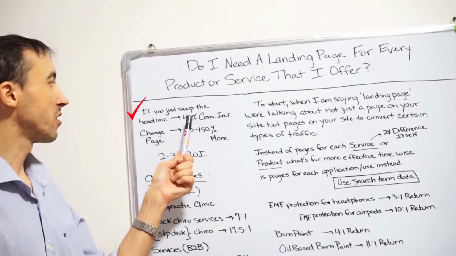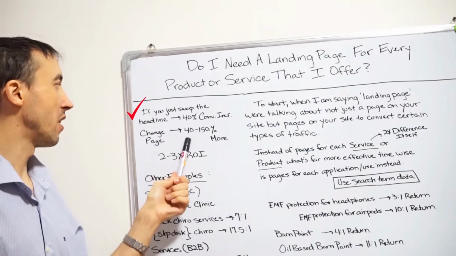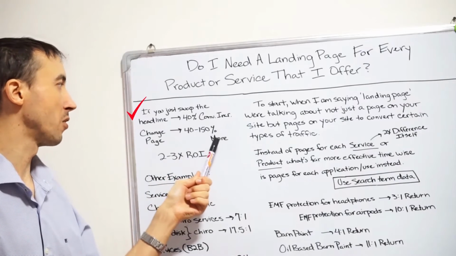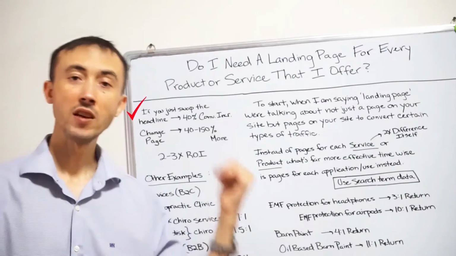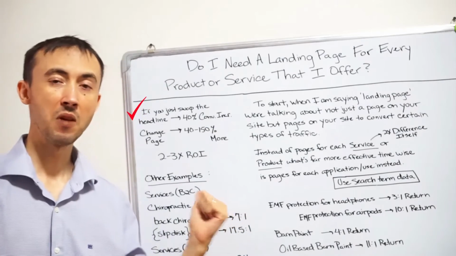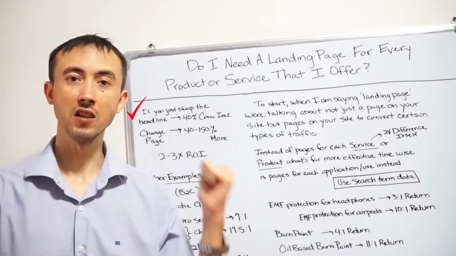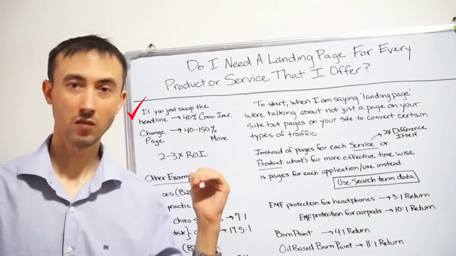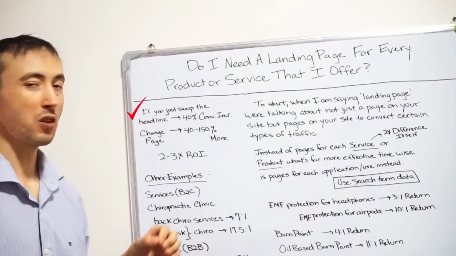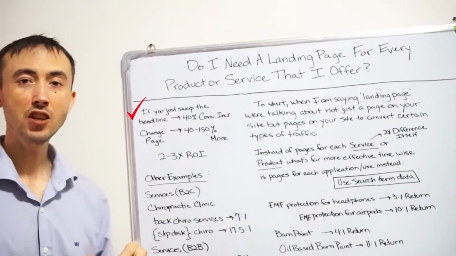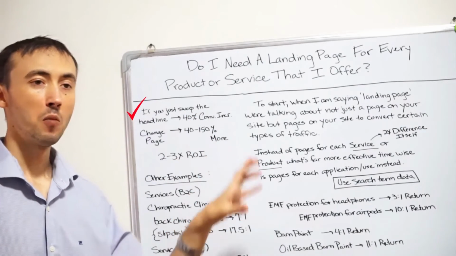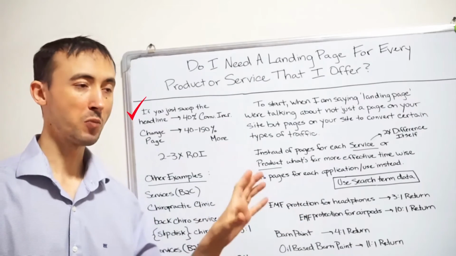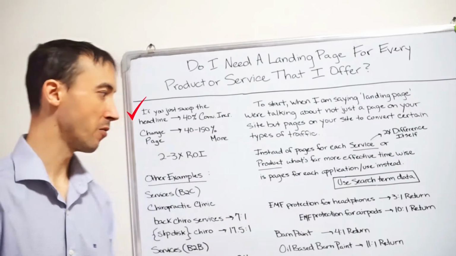So not only will you get a 40% increase here and a 40 to 150% increase here with the full changing of the page, not just the headline, you're going to have twice as many potential clicks if you haven't done the one keyword per ad group thing that I talk about frequently in my videos. You're also going to get a reduction in your cost per click, not just from the increase in click-through rate, but also from the increase in conversion rate.